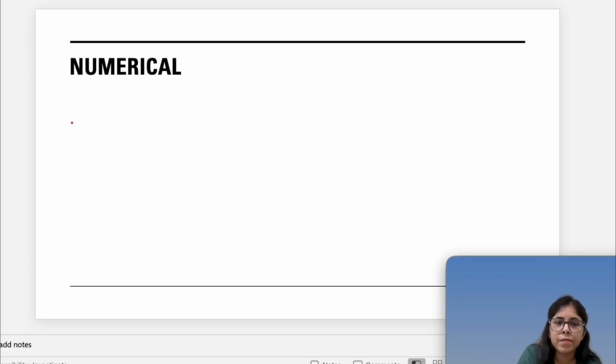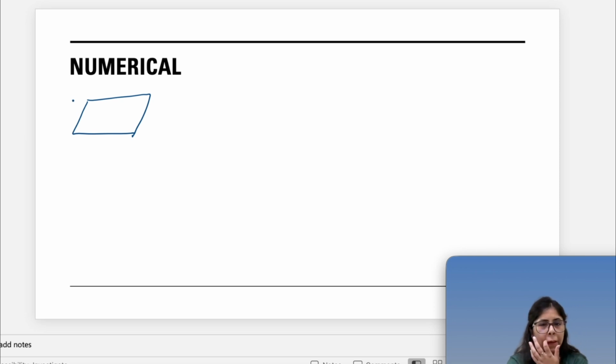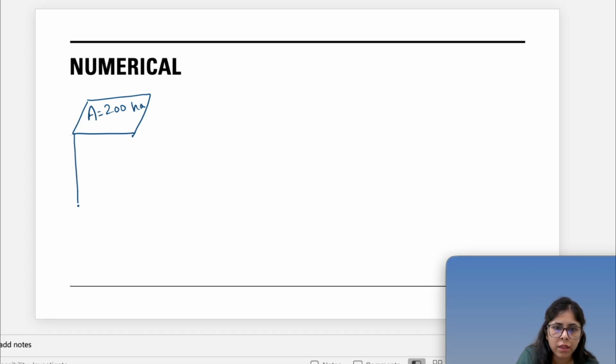So let's say we have a surface with an area of 200 hectare. I'm just taking this much, this is some volume.